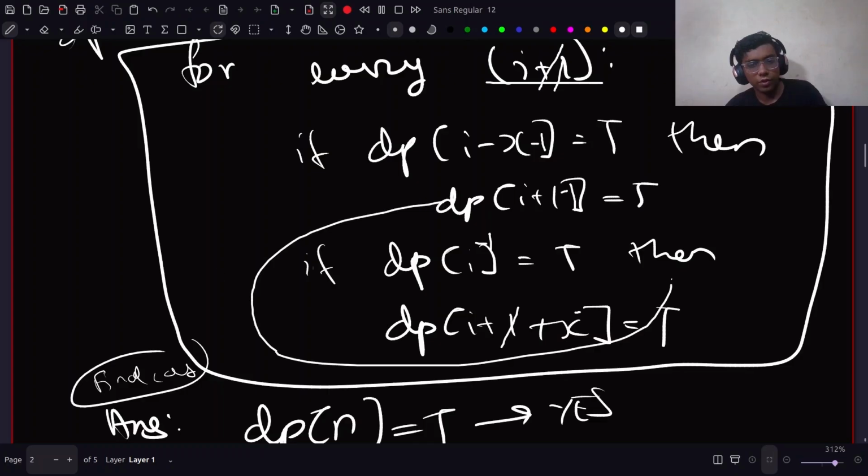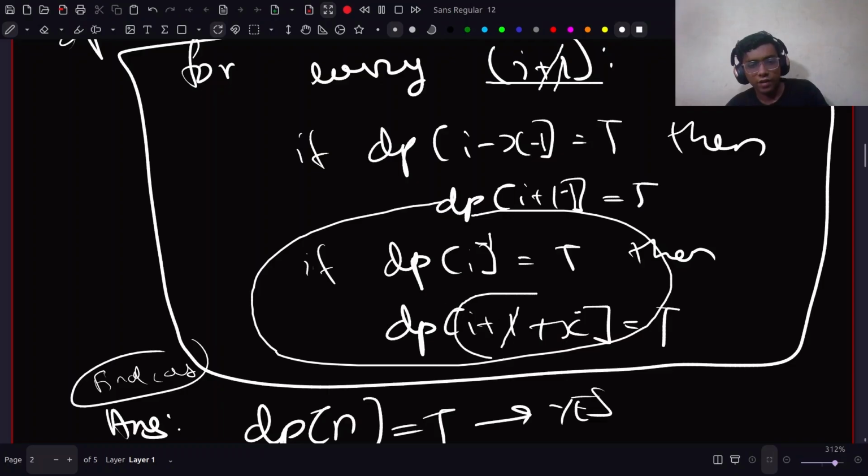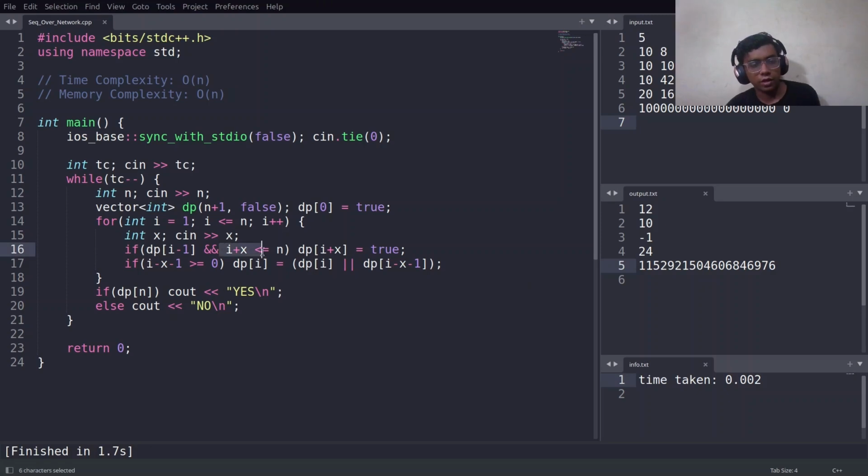So this is the logic I've implemented here. If dp of I minus 1 is true, and we're also checking if I plus x is valid first, otherwise we'll have an out of bounds error. So if this is true and this is less than n, dp of I plus x is true.